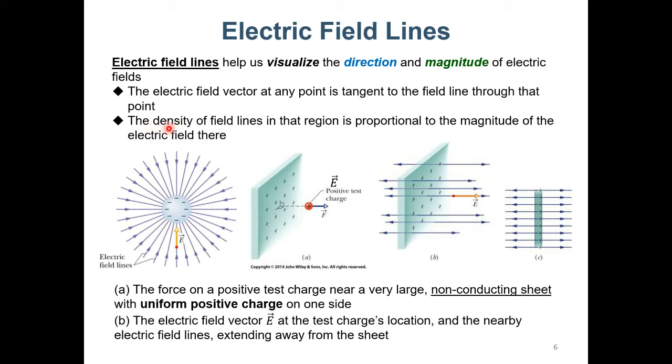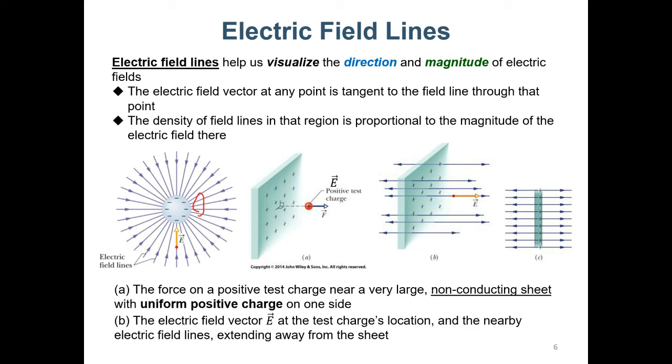And the second condition is that the density of the field lines in that region is proportional to the magnitude of the electric field. So you can see it here.